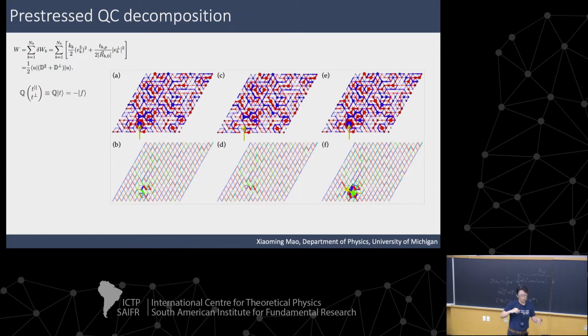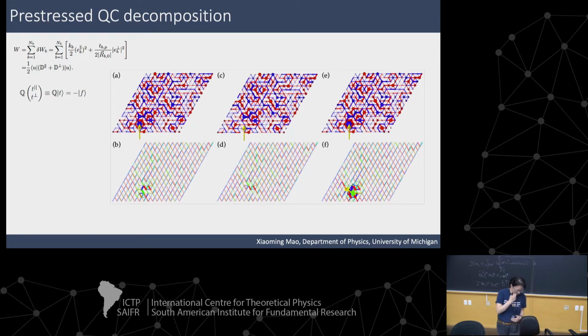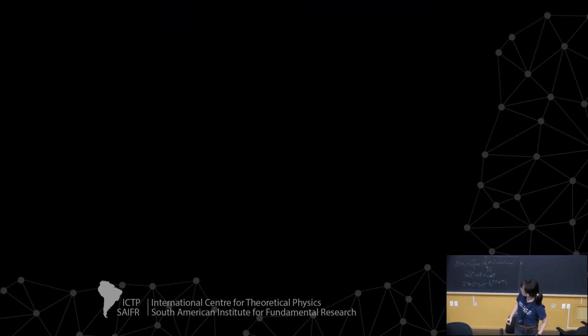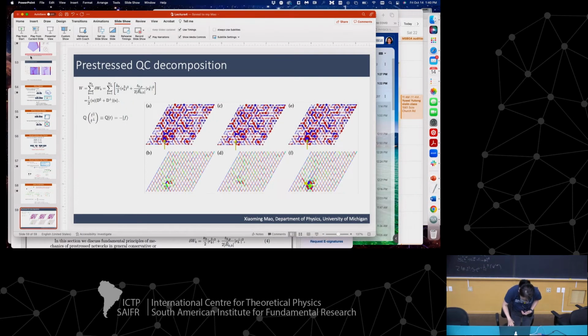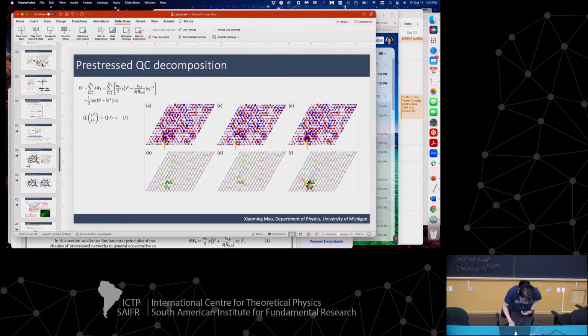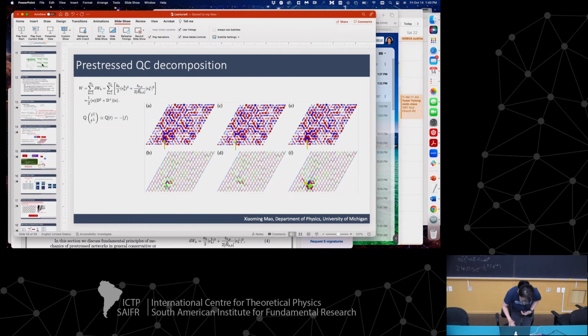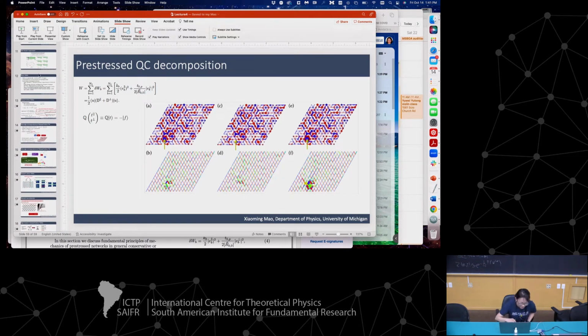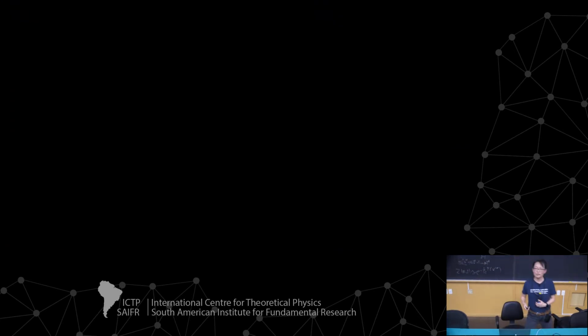Okay, so next we are going to go back to our discussion of topological mechanics. It's still the same set of slides, but I need to navigate to that part. Remember last time we went to, let me see, this slide. Okay, just to recap.